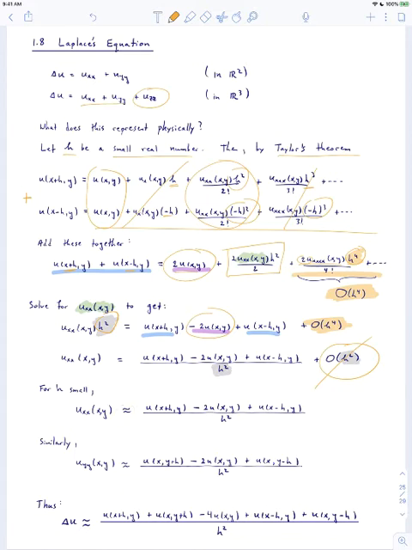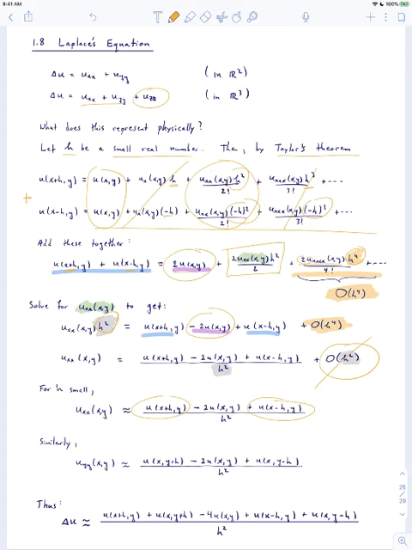So what we have is that the second partial with respect to x is approximately equal to this difference here, divided by h squared. So it's u at x plus h comma y plus u at x minus h comma y minus 2 times u x y, which we've written here in the middle.